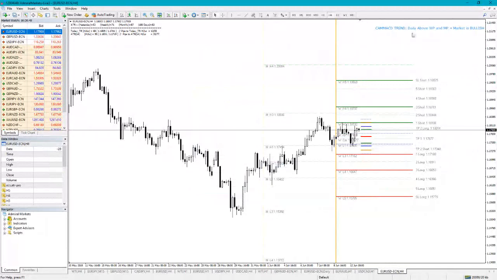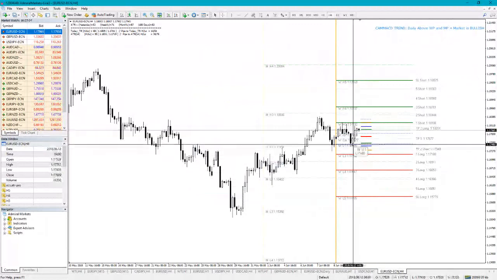Now, if you incorporate the trend of the pivot, like daily pivot above weekly and monthly pivot, then you can actually go long when the instrument dips. For example, here, if you went long here, now you would have been about 50 pips in profit.